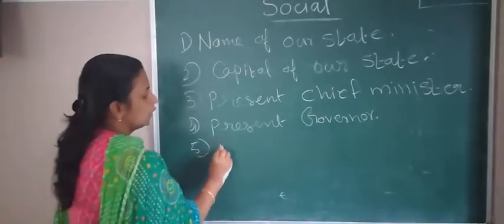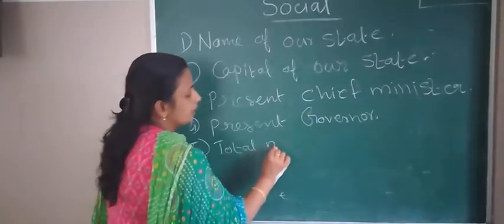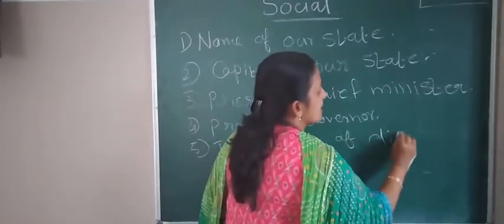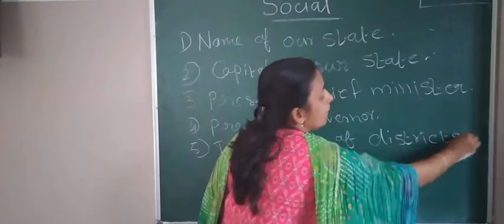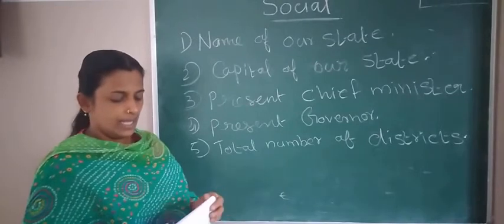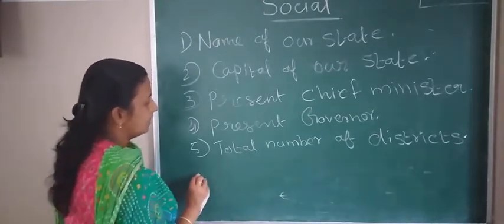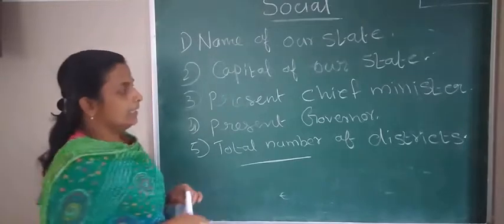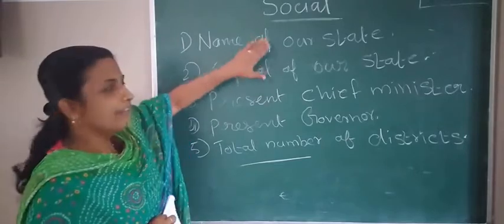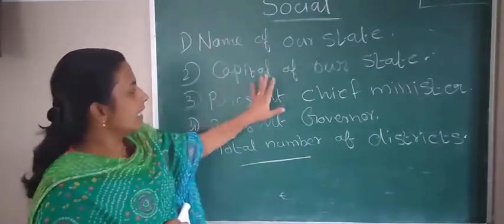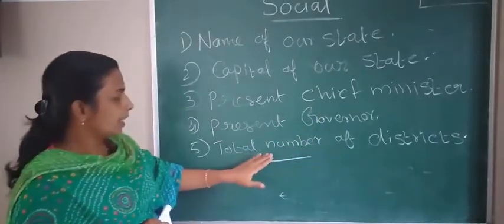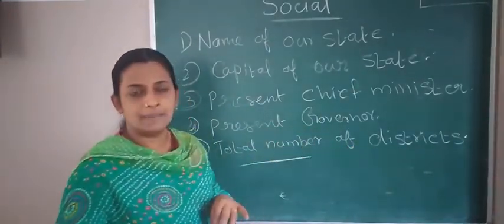Fifth, total number of districts. Okay. Then these are the questions, these are the answers you have to find on behalf of our state. Name of our state, capital of the state, present chief minister, present governor, total number of districts.